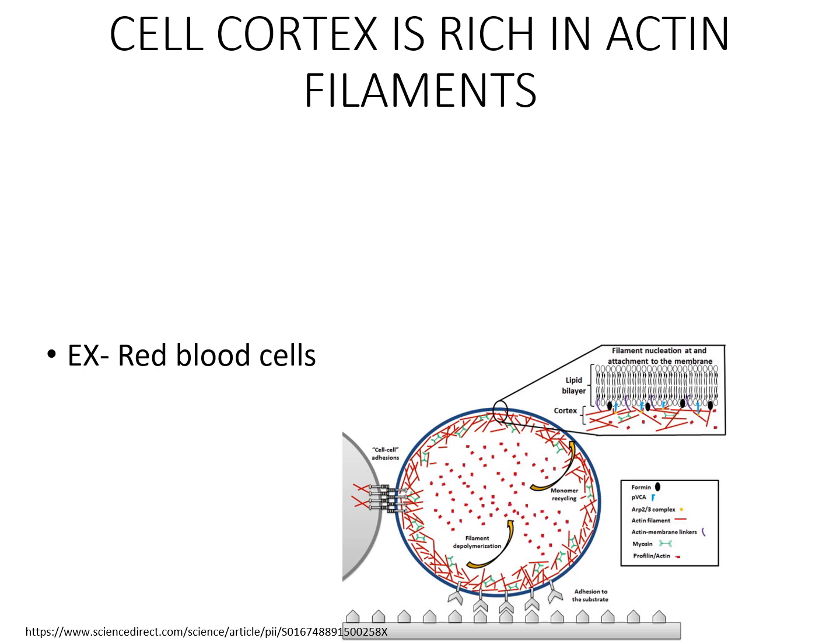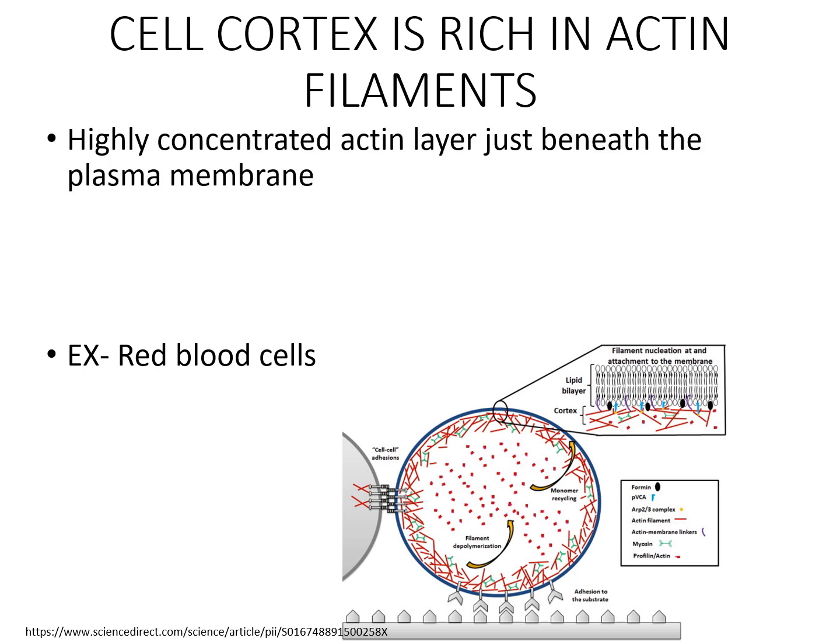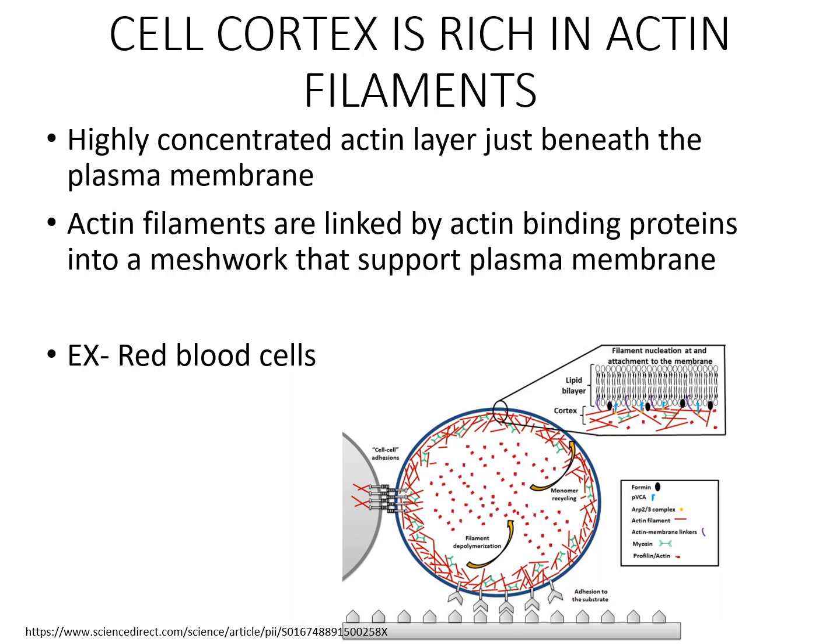So far we talked a lot about the cell cortex. So what is the cell cortex? You learned previously that the cell cortex is just beneath the plasma membrane. You can find this meshwork that provides support to the plasma membrane. The plasma membrane is thin and fragile, so to provide mechanical strength to it, we have this highly concentrated actin layer just beneath the plasma membrane.